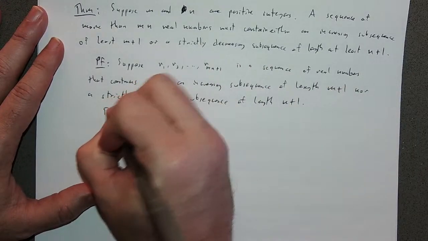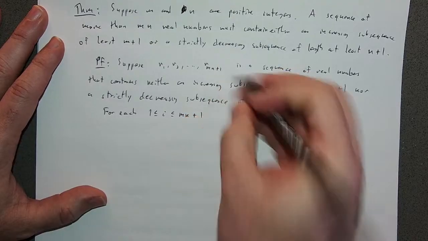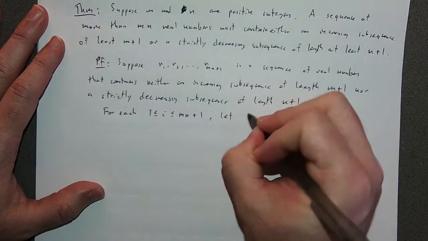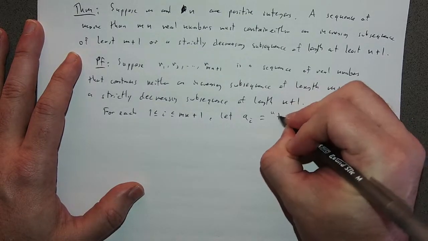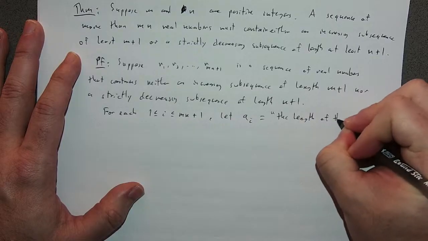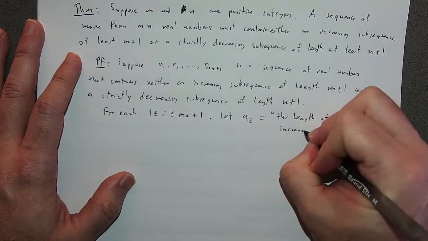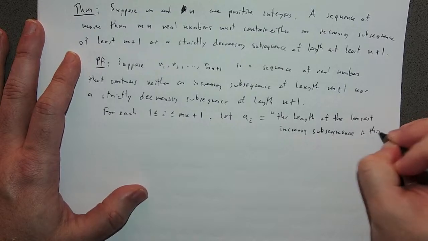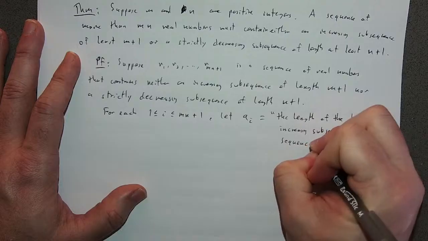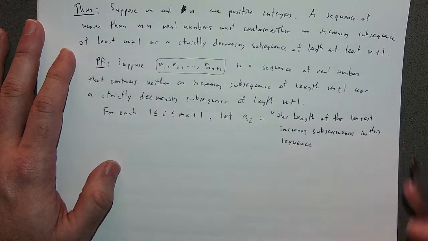So for each index i between 1 and mn plus 1, let a sub i be equal to the length of the longest increasing subsequence in this sequence of numbers, the one we started out with, whose first term is r sub i.